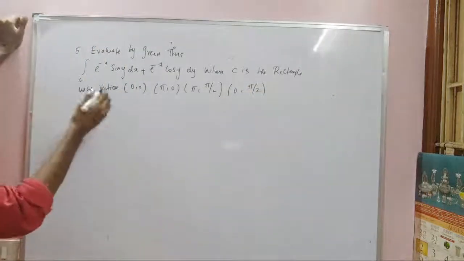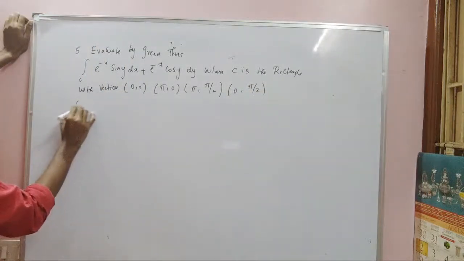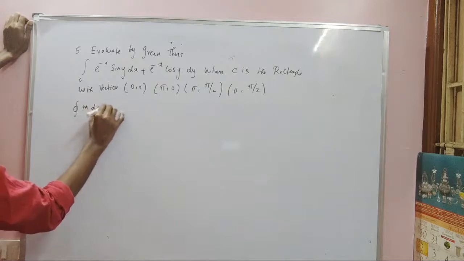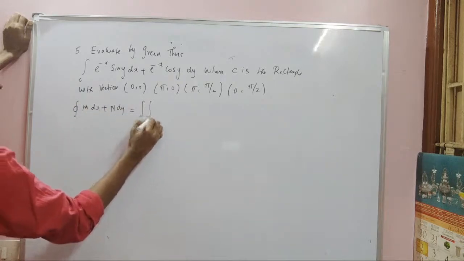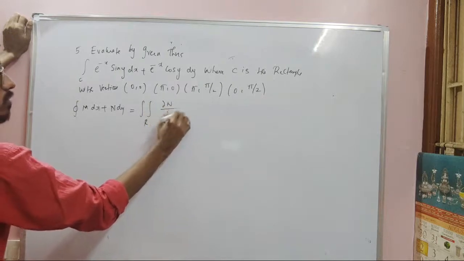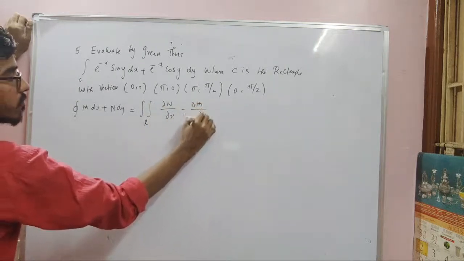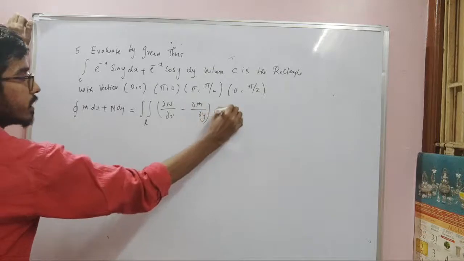Again you can see what Green's theorem says: the integral over C of M dx plus N dy is the same as the double integral over R of dou N by dou x minus dou M by dou y dy dx.